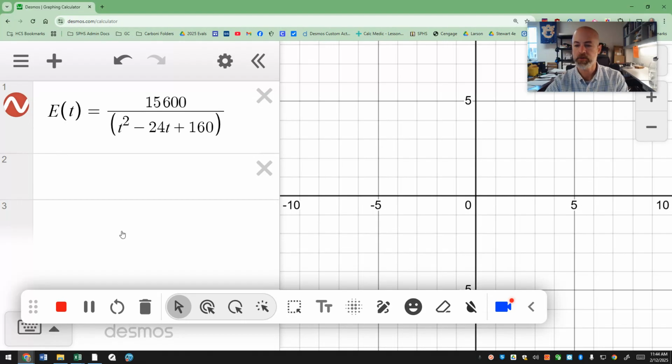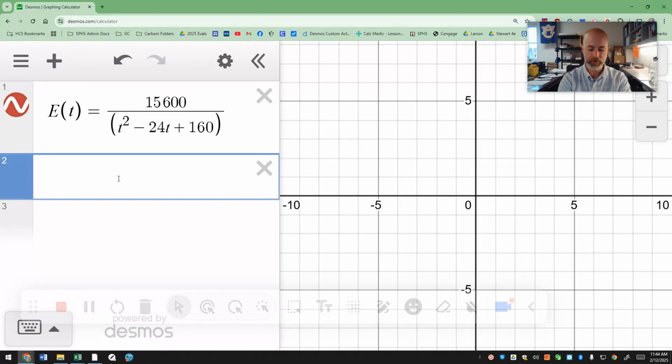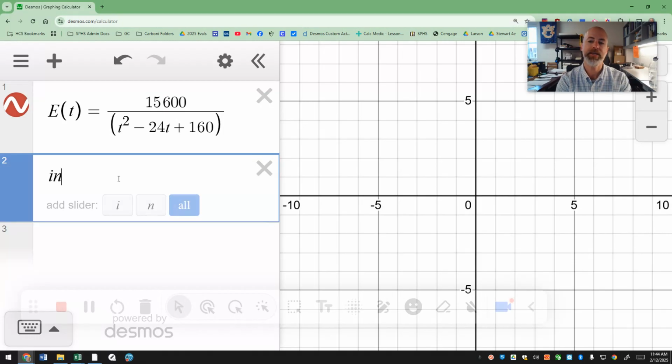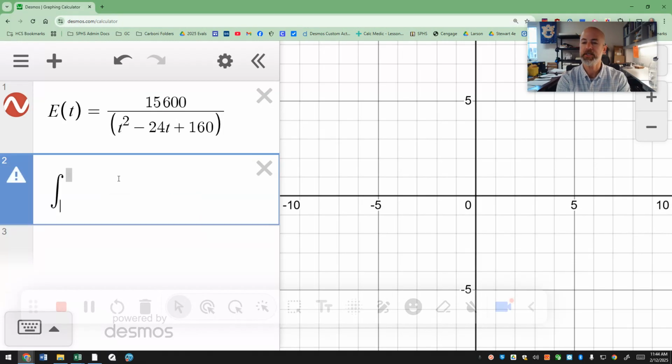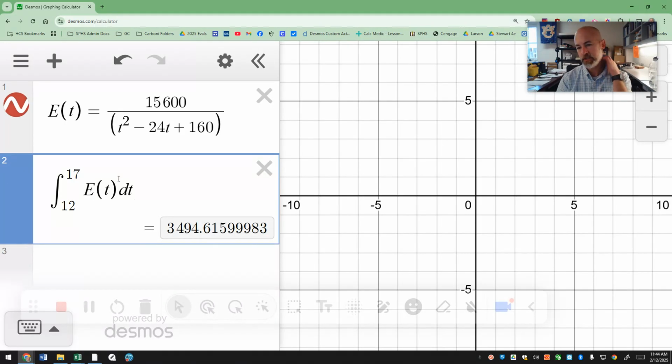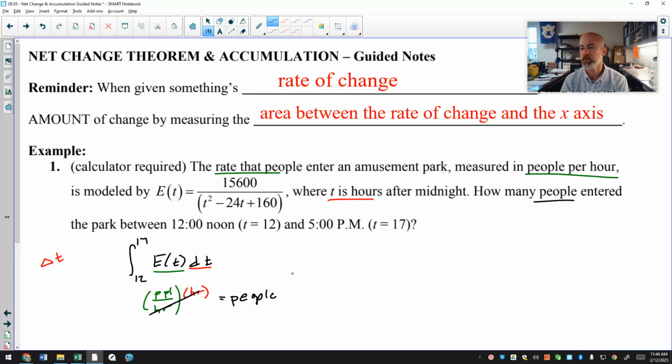I have learned that if you simply type in the letters I, N, T, as soon as you hit T, the definite integral pops up, and we are measuring the definite integral from 12 to 17. I am tabbing my way through the different fields to the function E of t, which I previously defined, and as soon as you hit dt, you get your answer of 3494.616.